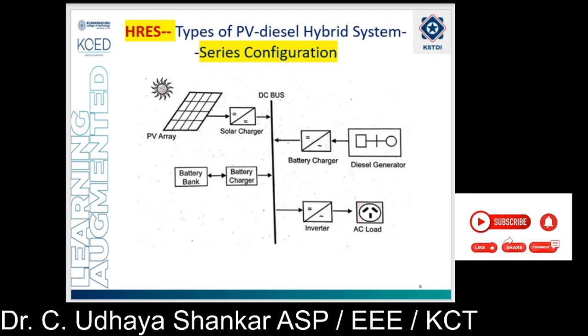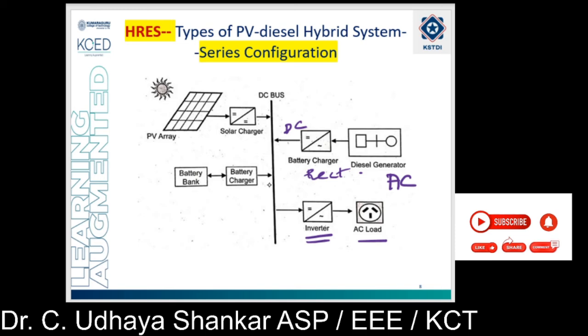So here you can see that only the inverter is going to supply the AC load. The diesel generator is producing AC, is it right? And that has to be converted to DC using this rectifier unit, okay? And that will be fed to the DC bus, and here the battery will be charging.